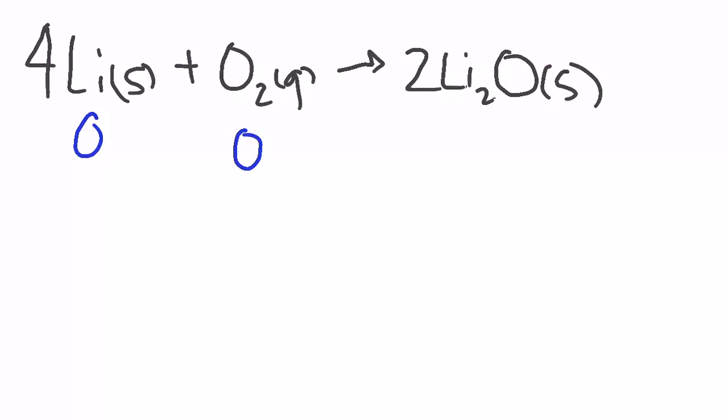Okay, now I'm going to look at lithium oxide. I know from this little table at the bottom of page 177 that oxygen is going to have a -2 oxidation state.